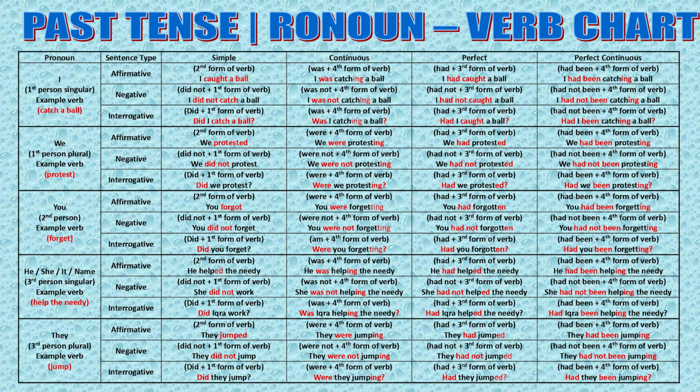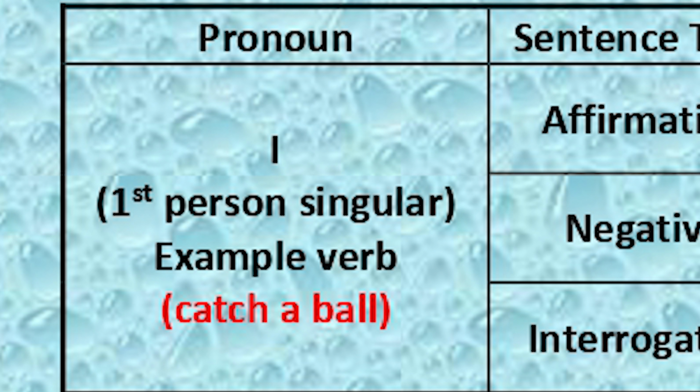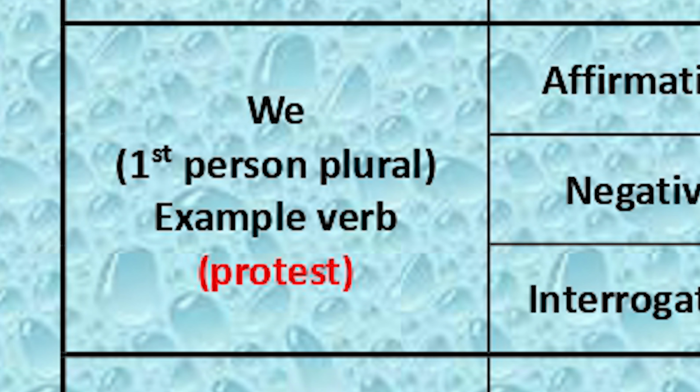You are seeing a chart in front of you. We are discussing here the conditions of verb applied with pronoun. As there are 5 categories of pronoun, there are 2 categories of first person pronoun, which is I, singular pronoun, and we, plural pronoun.